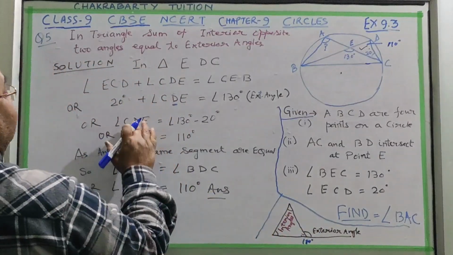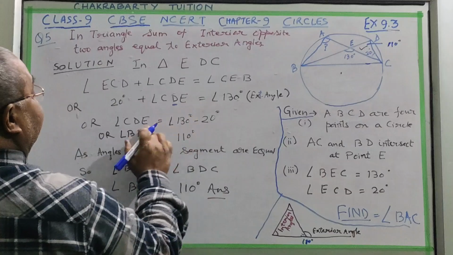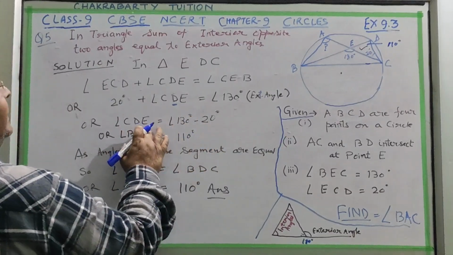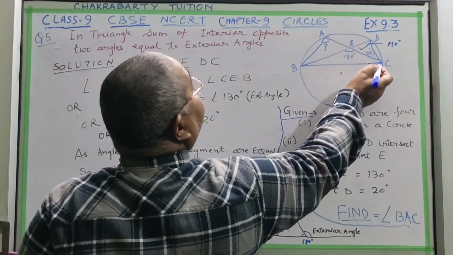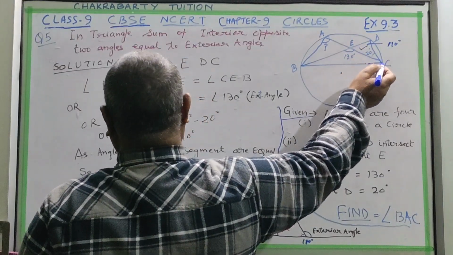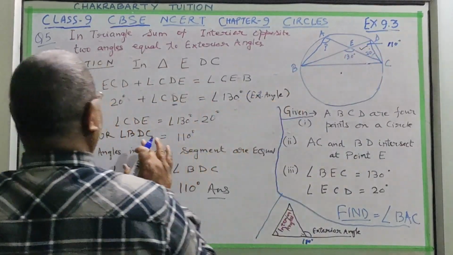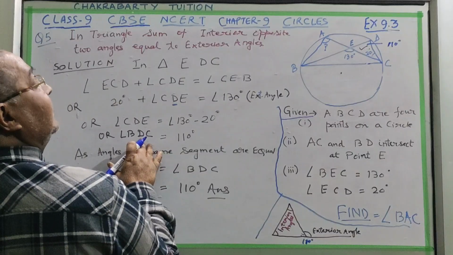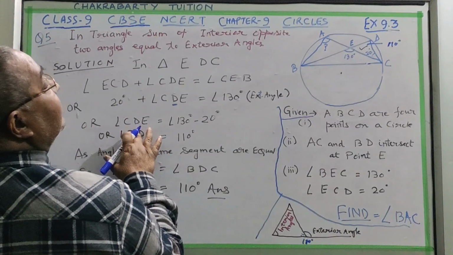So if you replace the values, 20 replaced, angle CDE will be equal to 110 degrees. CDE we can also write as BDC, as the bigger name, while as the smaller one its name is CDE.